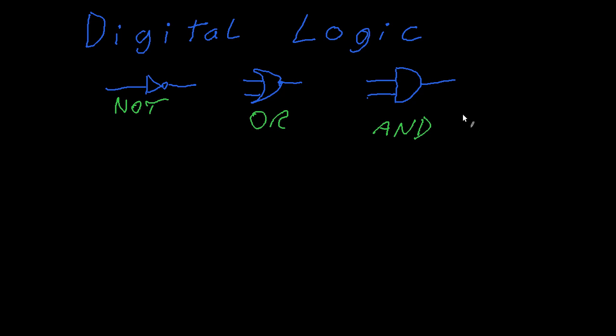Believe it or not, everything that a computer does comes down to these three logical operations. Even more intriguing is that we can actually reduce this down to combinations of what's called a NAND gate. And we'll get into that later.